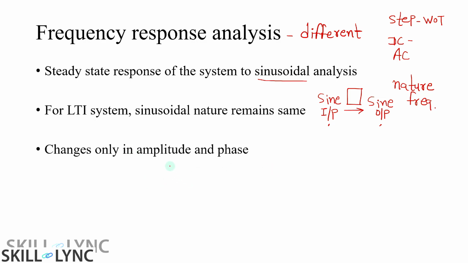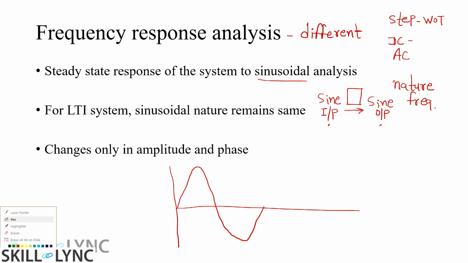For example, if I draw a typical sinusoidal input and a typical sinusoidal output, let's say this is the input we are applying to the system, and let me draw the output with the black pen, and this output is, for example, like this. So let's say this is the output of the system.